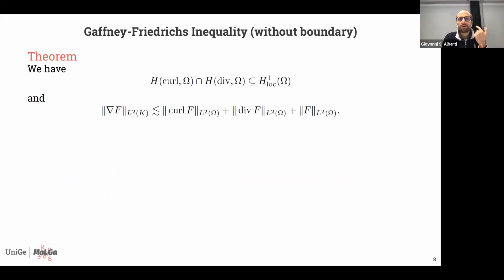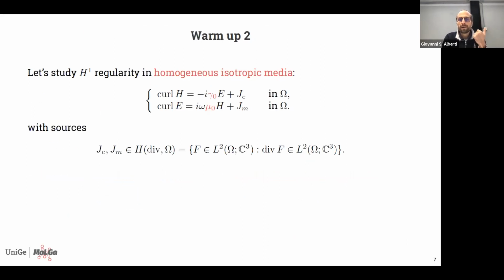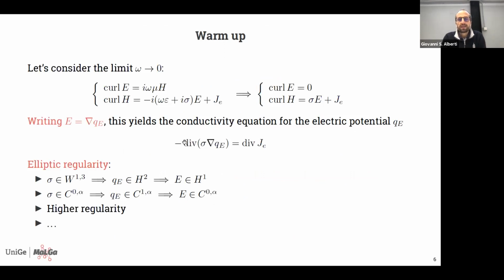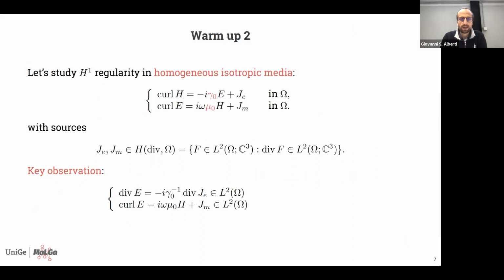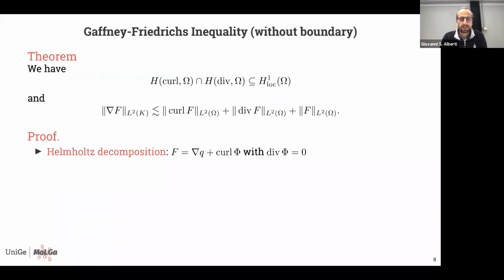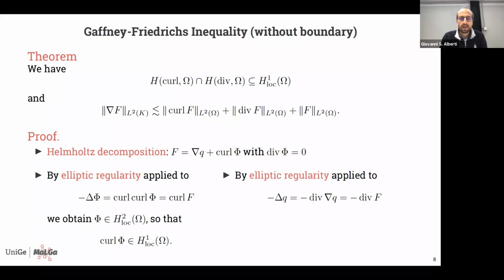And recall also that in warm-up 1, we obtained some kind of PDEs where, again, we had elliptic PDEs with non-constant coefficients, but even if the coefficient was a matrix, we could deal with it very easily by using elliptic regularity again. So the idea is just to combine all these ideas together in the general setting. So let's see how to do this.